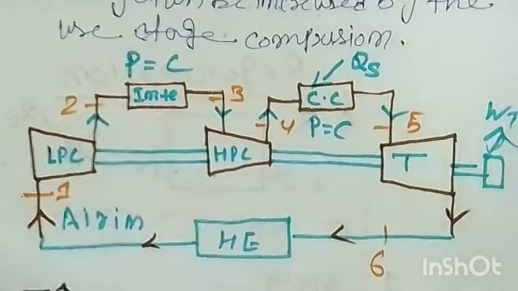Is it or not? That heat, Cp into dT, you already learned in the basics of thermodynamics, right? So here I can say work, compressor work, that is WC, your compressor work. Let's say that 1 kilogram of air enters the compressor, so m is equal to 1, we have taken, set.